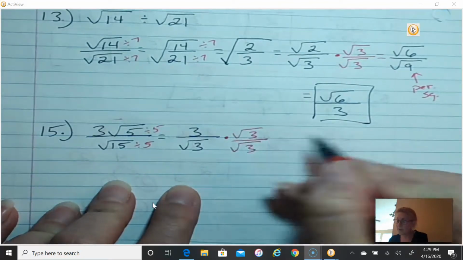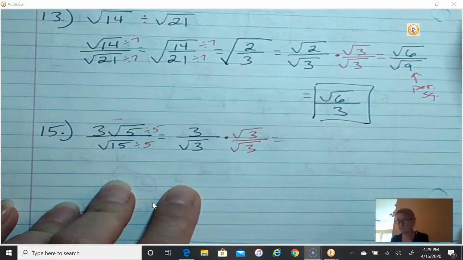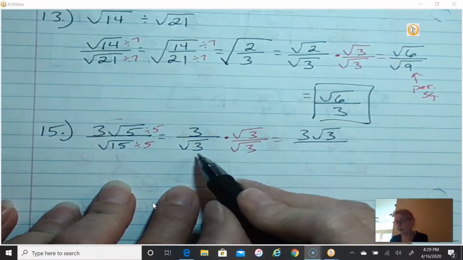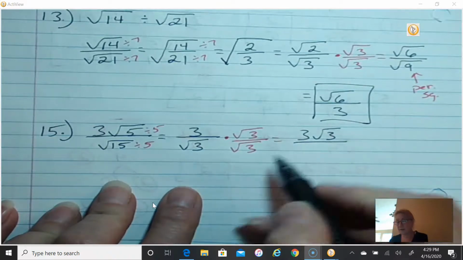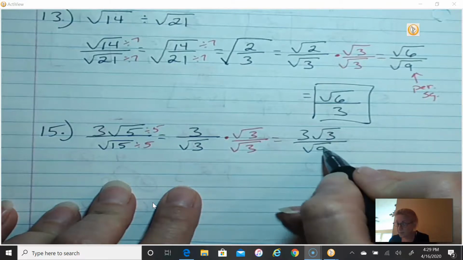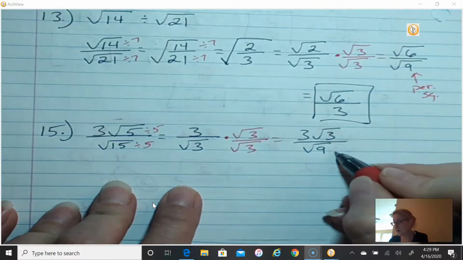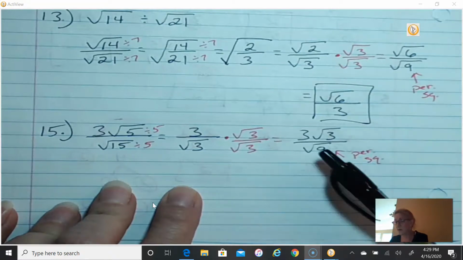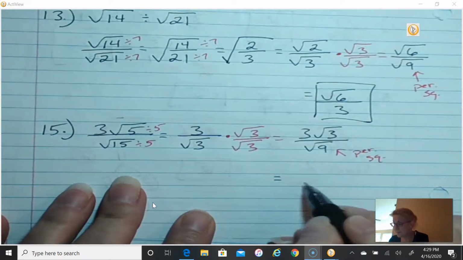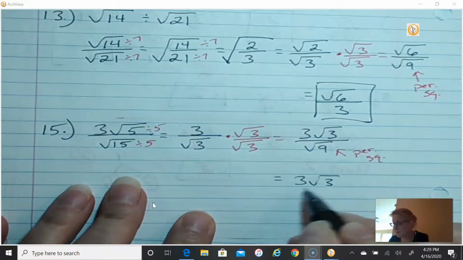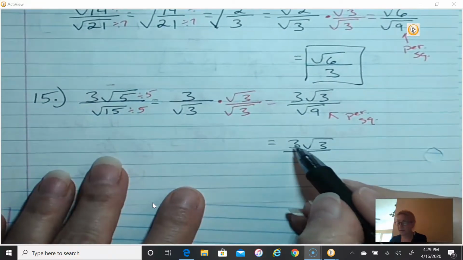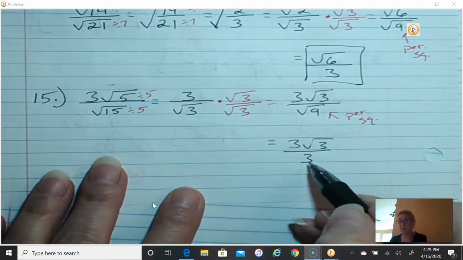So I'm going to multiply top and bottom by that. 3 times the square root of 3 is just that. It's 3 times square root of 3. Square root of 3 times square root of 3, square root of 9. Oh, look, perfect square. So what's the square root of 9? It's 3. Are we done yet? Oh no, that's a regular 3 and that's a regular 3.